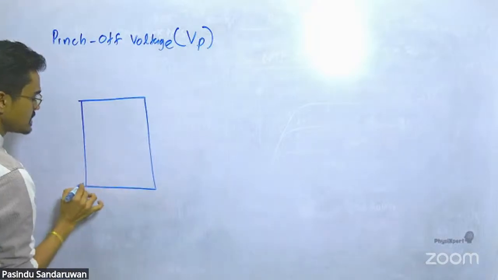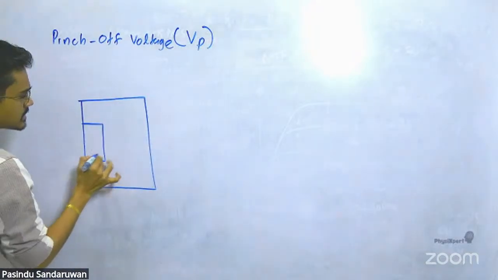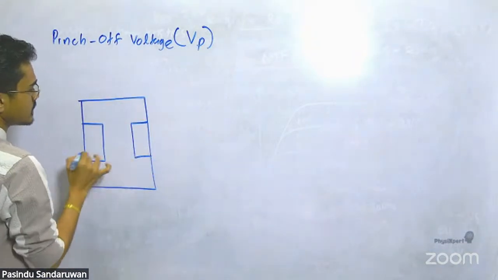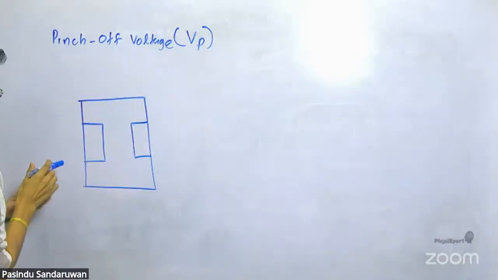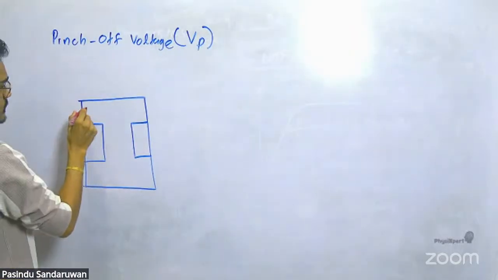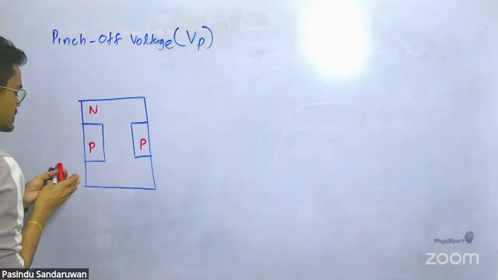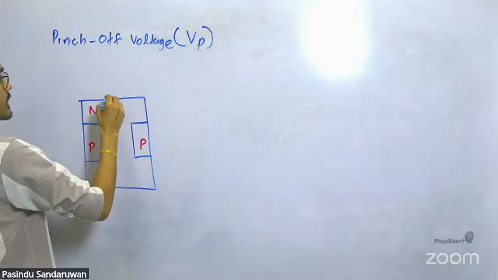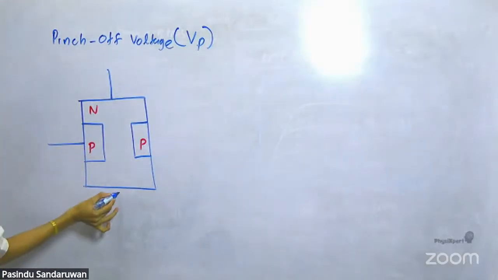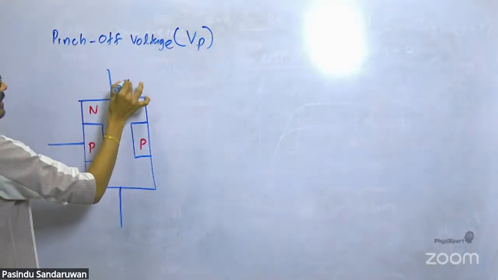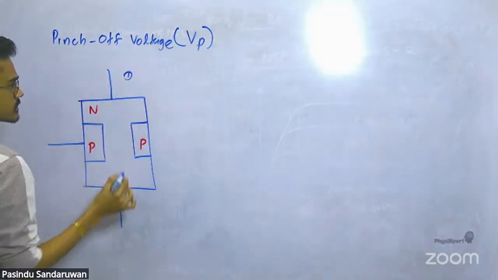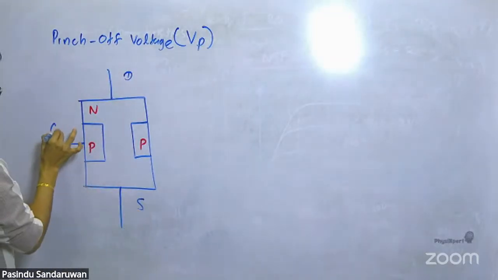Now if this is the NJFET, this is N, the body is N, and these sides are P. This is the N channel JFET. And the terminals are drain, source, and the gate.